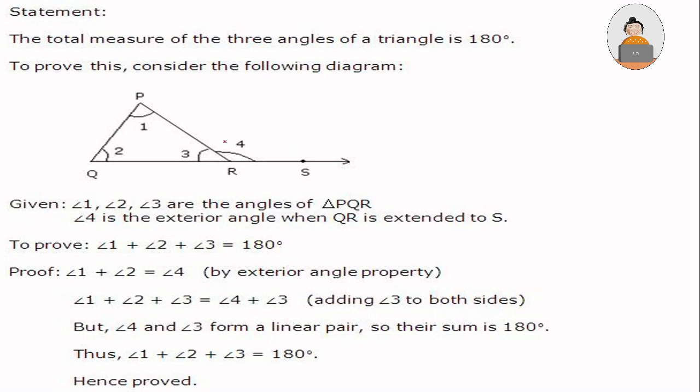It states that the exterior angle is equal to the sum of the interior opposite angles of the triangle. So angle 1 plus angle 2 are the two angles which are interior to the triangle and opposite to the exterior angle 4. So this will be our first equation.